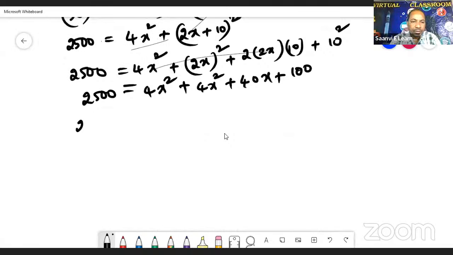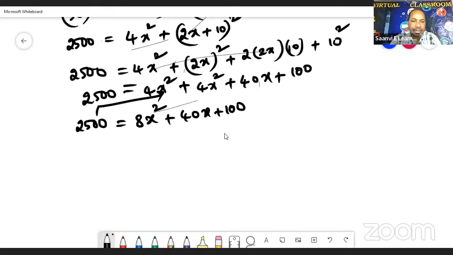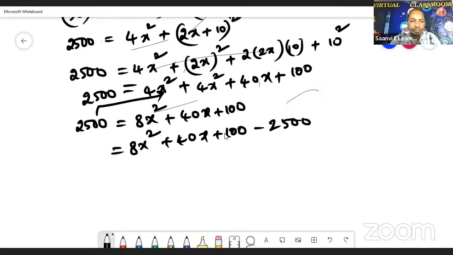Now 2500 is equal to 4x square plus 4x square, 8x square, plus 40x plus 100. This 2500 we send to this side: 8x square plus 40x plus 100, plus 2500 becomes minus 2500, and here it will be 0.